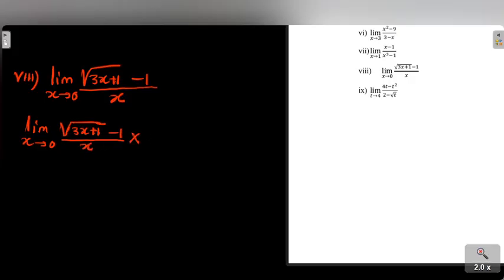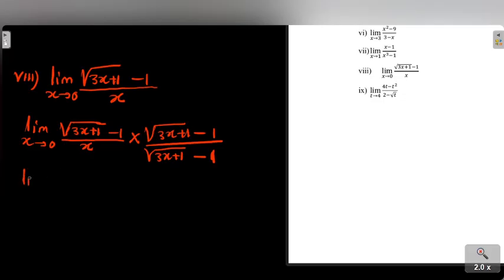So remember here, we are rationalizing the numerator. So we'll get the conjugate for the numerator, that is the square root of 3x plus 1, then minus 1 over the same, that is the square root of 3x plus 1, plus 1 there. That's what we are going to do.